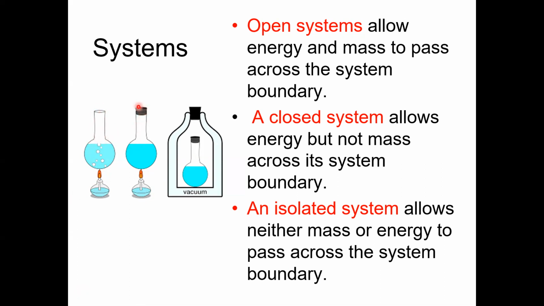If we close the flask, no matter will go outside or inside the flask, we can only exchange energy. And if we isolate the flask, that means nothing will cross the system boundary, neither mass nor energy.